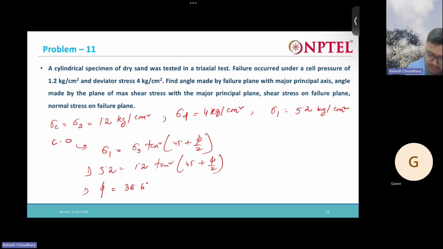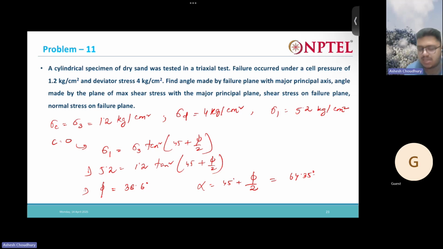Now the angle made by the failure plane with the major principal axis is alpha equals 45 degrees plus phi by 2, which will come out as 64.35 degrees.